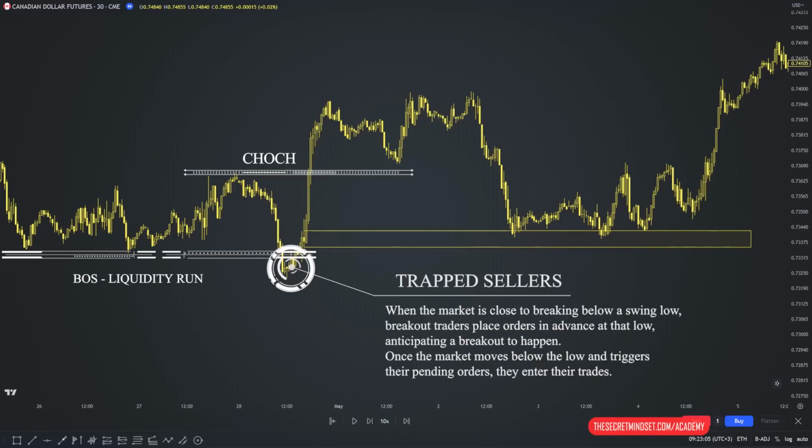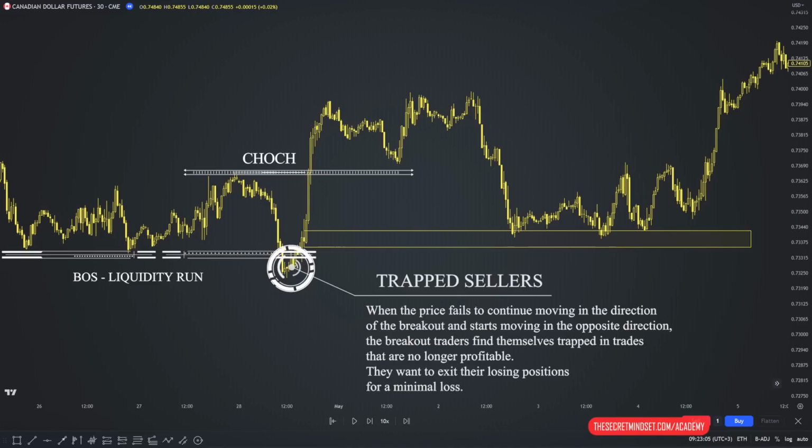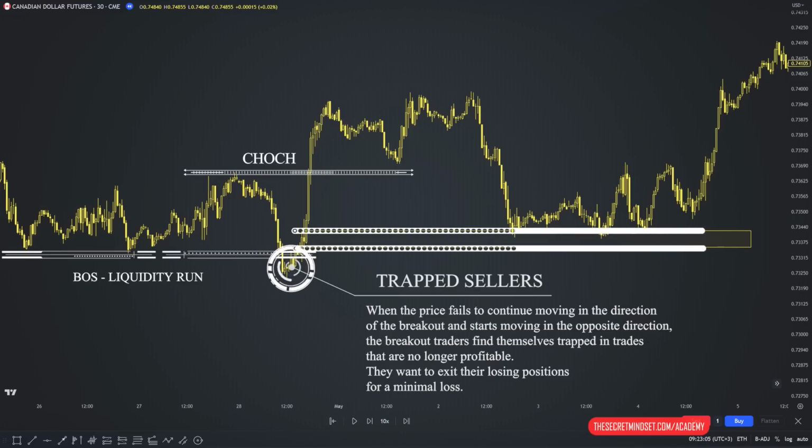Once the market moves below the low and triggers their pending orders, they enter their trades. However, when the price fails to continue moving in the direction of the breakout and starts moving in the opposite direction, these breakout traders are trapped in trades that are no longer profitable. At this point, often around the order block area, these traders will decide to close their losing trades.